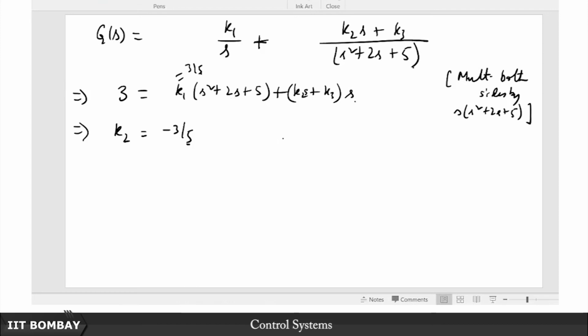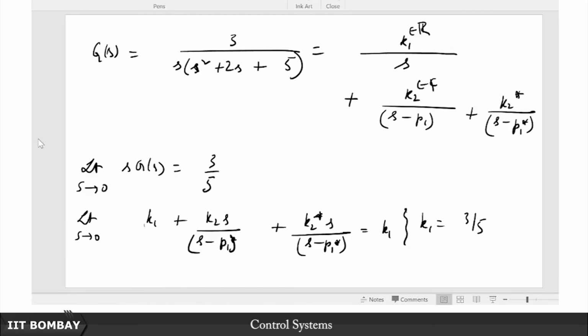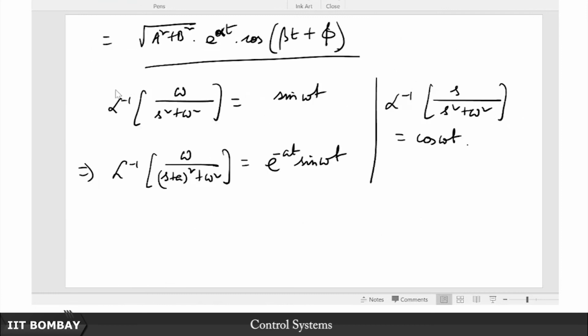So what is that? That is basically 2 K1, which is 6 by 5, plus K3 is equal to also 0, so you get K3 is equal to minus 6 by 5. Once you have expanded this, as I said, now you can just apply the knowledge of the fact that we can straight away read off the inverse Laplace of terms or transfer functions, or rational expressions, that look like this, right.